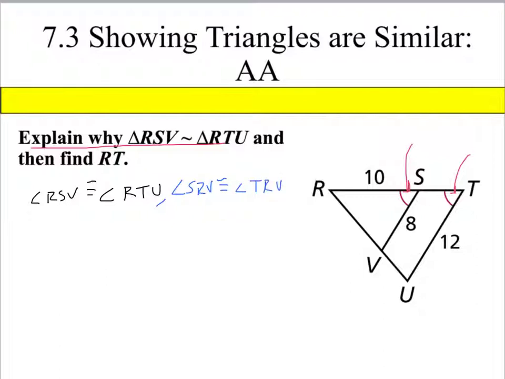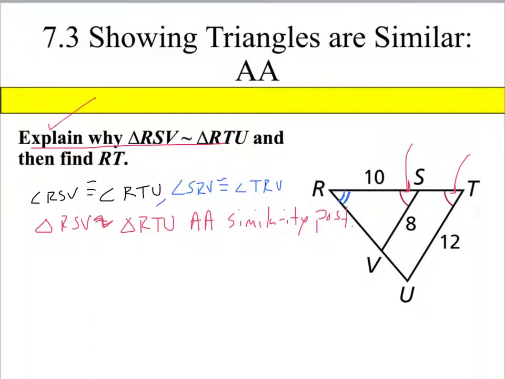Okay? This angle is going to be congruent to itself, essentially. It's that reflexive property. So now, because we have two angles, we know that triangle RSV is going to be similar to triangle RTU because of the angle-angle similarity postulate.